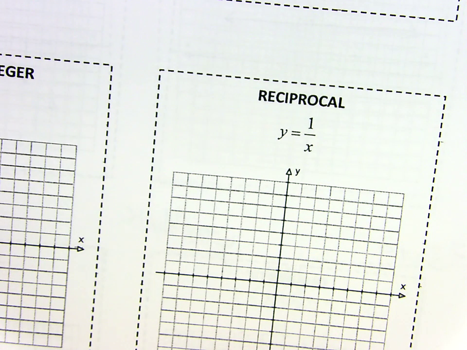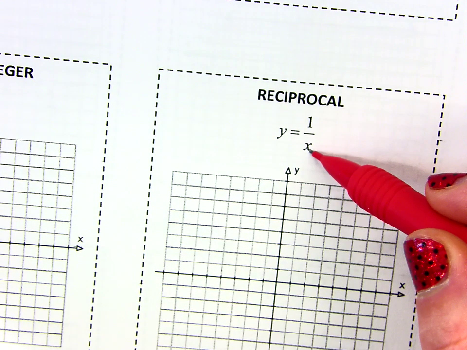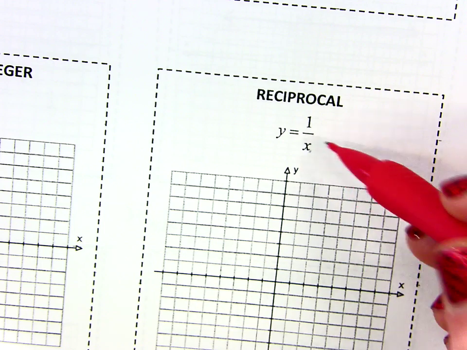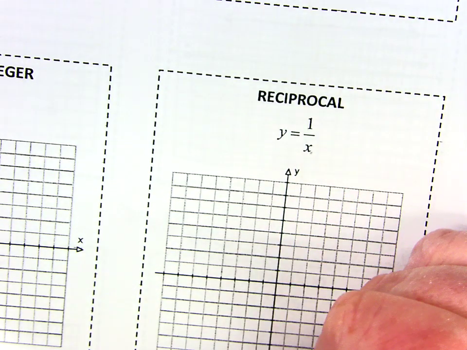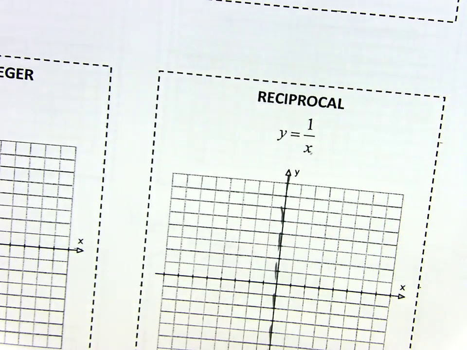Well, this guy has a problem to start with because he has a variable in the denominator, right? So he cannot even exist when x is equal to 0. So what happens is we have one of those asymptotes at x equals 0. But anyway, we'll talk about that one.